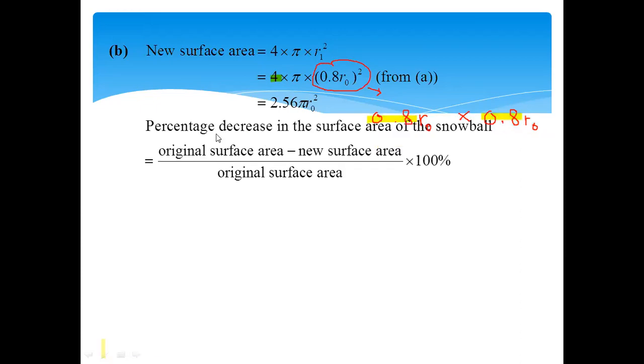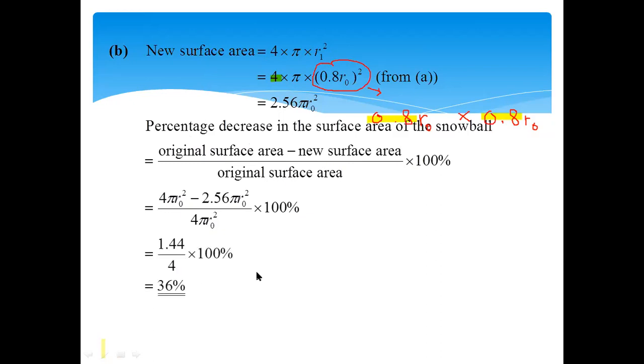Then the percentage decrease is the original minus new over original. The new we just got, this one. And the original, of course, is R0 squared. Hence, you have this value.